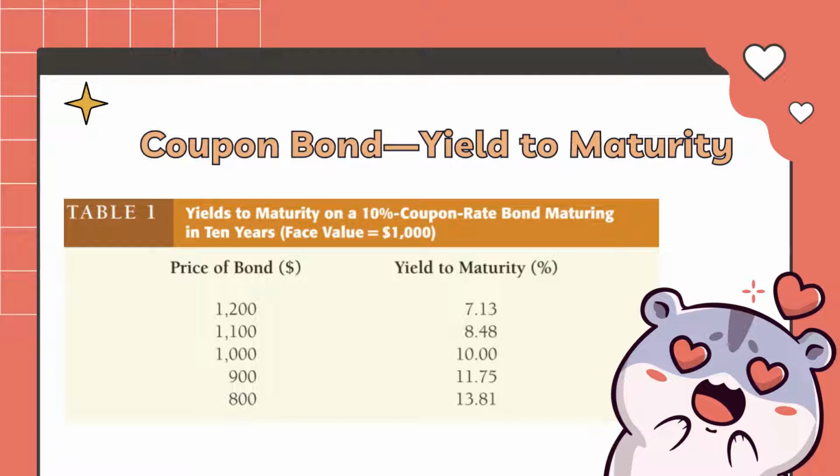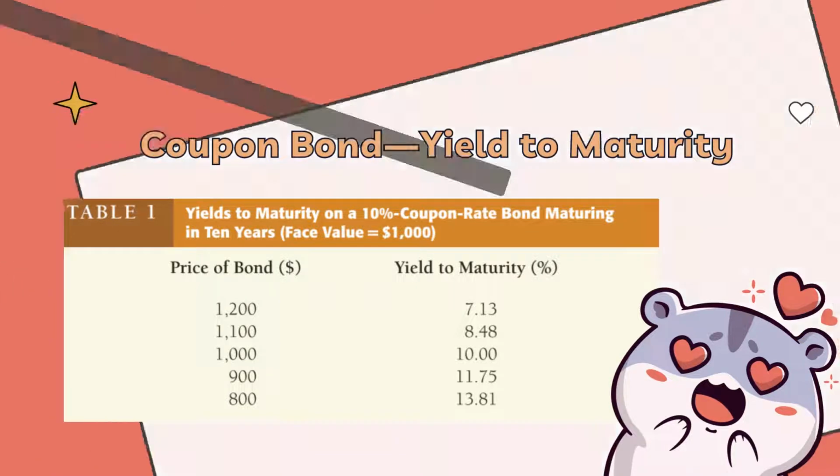So, ang price of the bond natin, for example, is 1,200, but the yield to maturity is 7.13%. But look at this one, sa last natin. The price of the bond is much lower, 800. And the yield to maturity natin is 13.81%. So, nakikita natin dito that the price of the bond is negatively related to the yield to maturity.